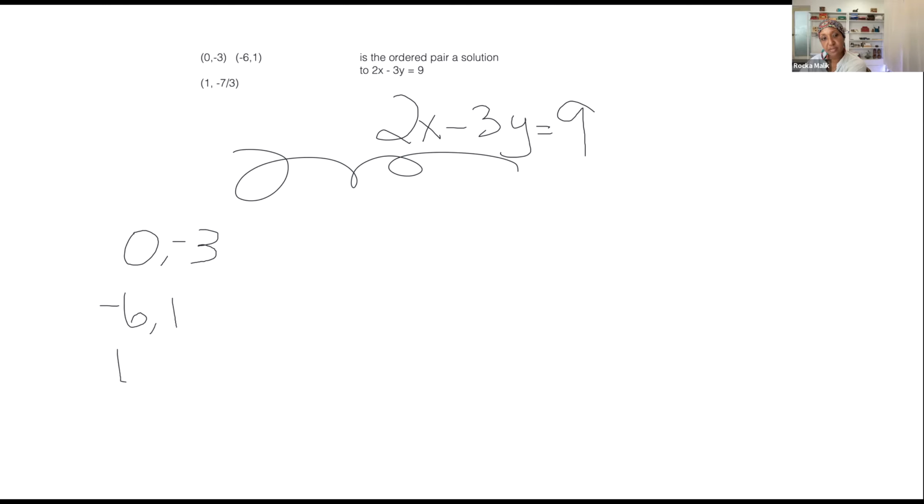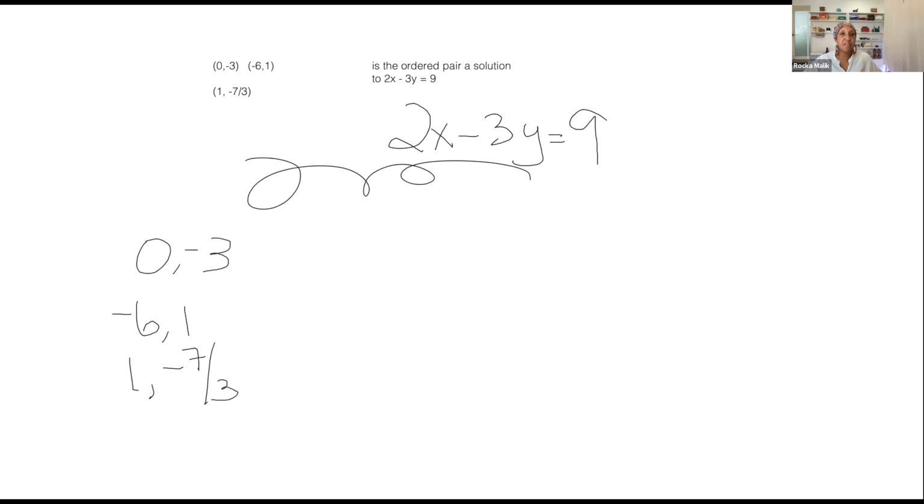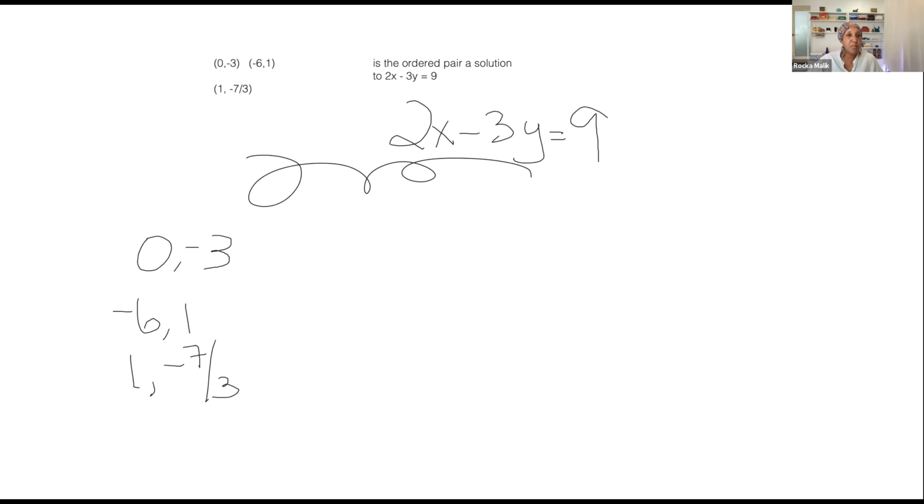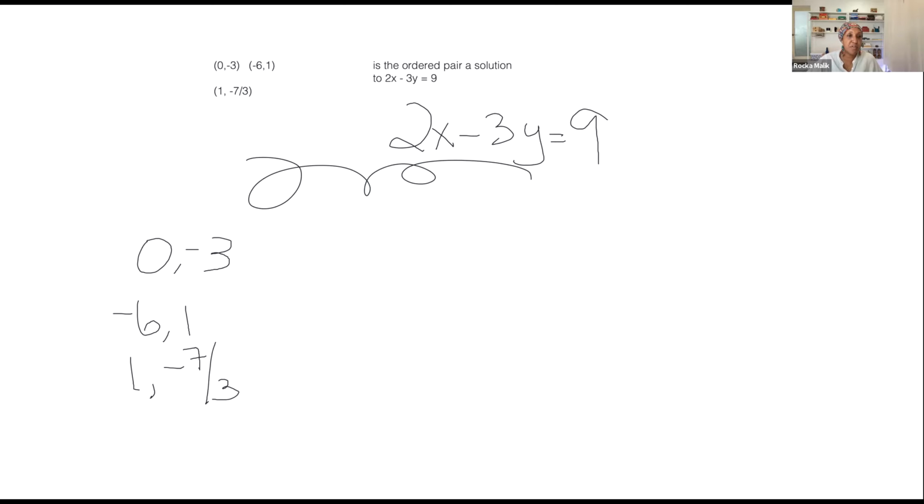And 1, -7/3. So how can we tell if these are solutions to this equation? What do we need to do to see if these numbers work in this equation?